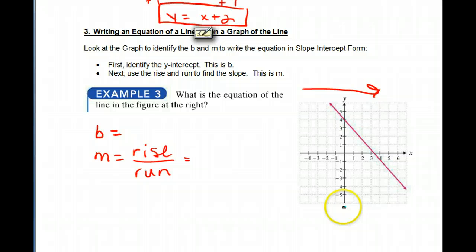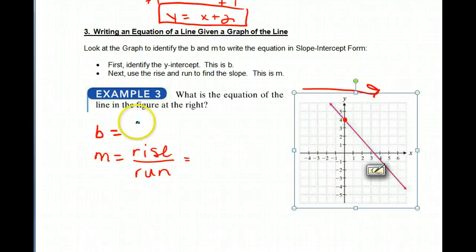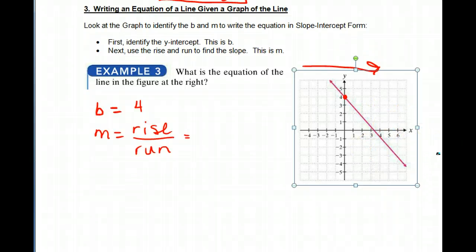As we look at our y-axis, we can see that the y-intercept was a positive 4. So the next thing that we want to do is identify the next point where we can see that our line is going to fall perfectly on one of the little grid lines that shows the intersection of one of our integers so that we can count the rise and the run.